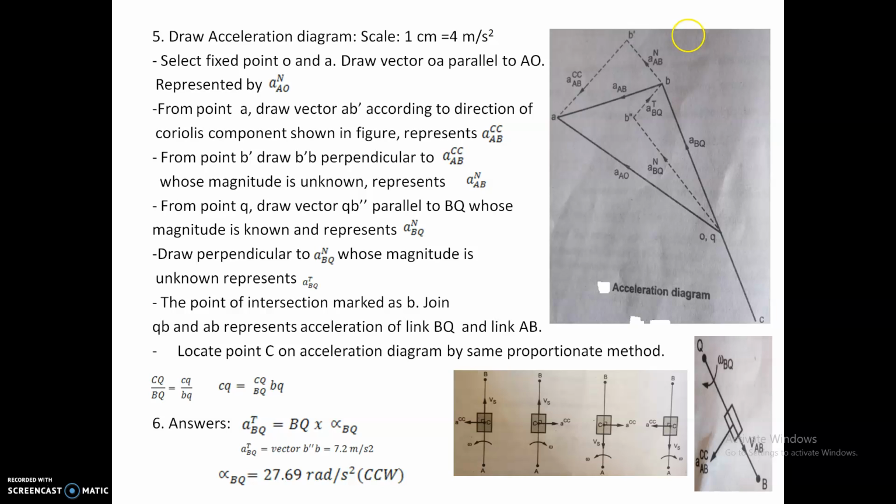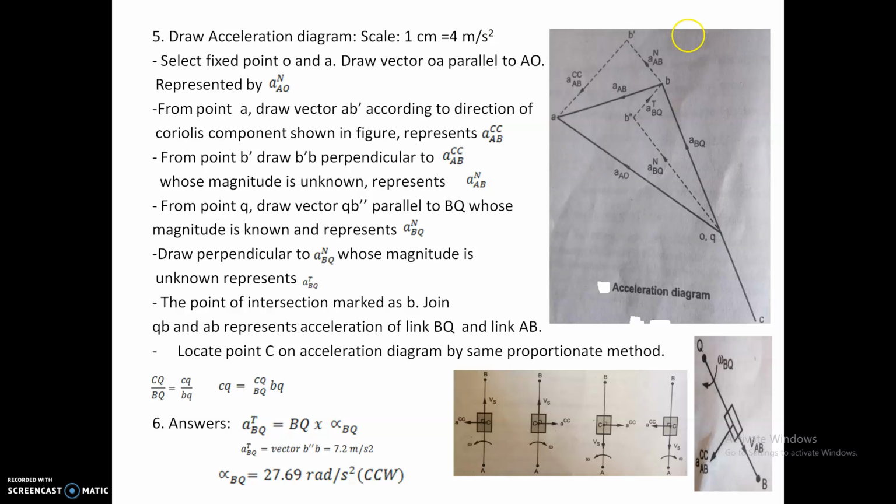The magnitude you know, so you get B double dash. Then you take the tangential component of BQ, which is perpendicular to the normal component of BQ, and where it intersects the normal component of AB, I have given the name small b. You can connect this B to the small a, and that is the final component of AB.